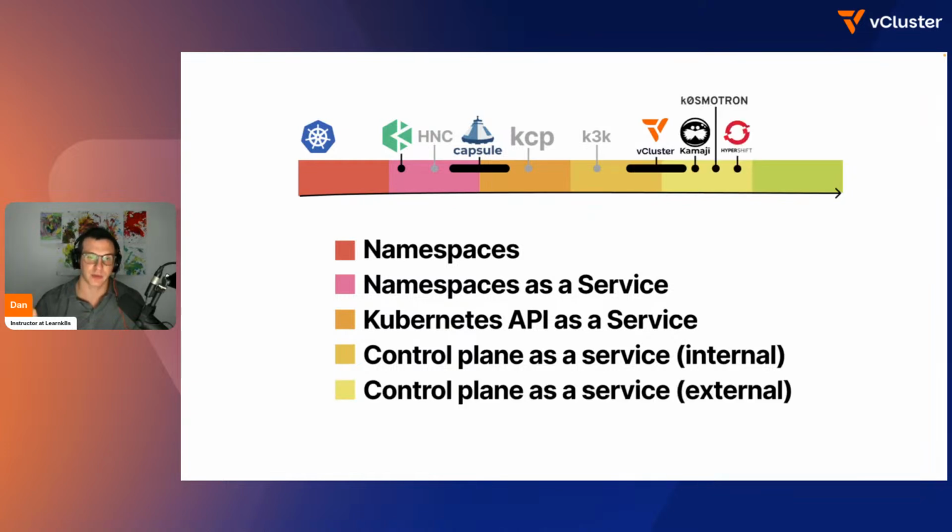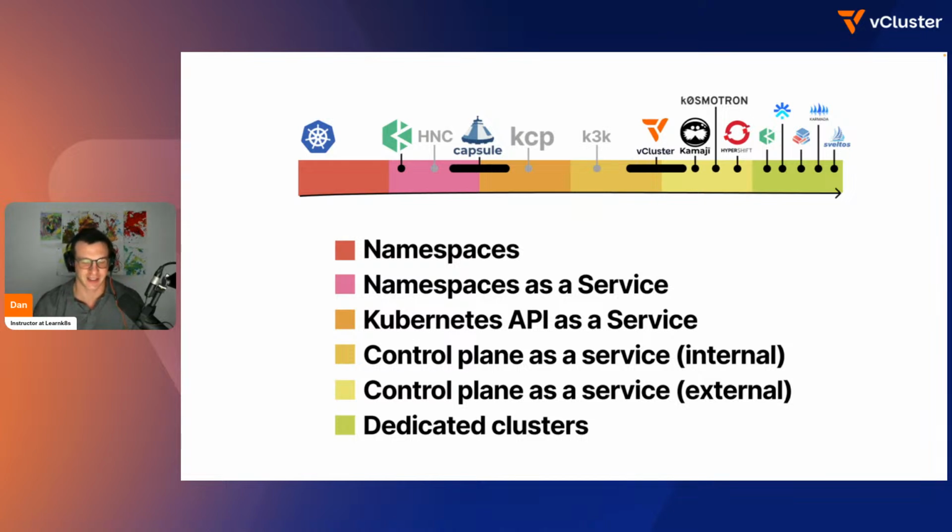Then as we move up, we have control plane as a service, where you have external clusters, and then we have our own nodes, and we just attach them. And in this area, we basically have HyperShift, Cosmotron, Kamaji. And then the last one, as you saw, was the easiest to think about, but perhaps the most complex to implement, and that's basically dedicated clusters and ways to stitch them together.